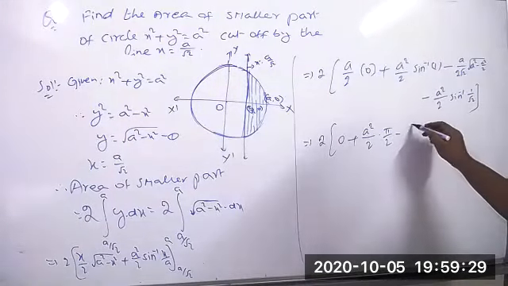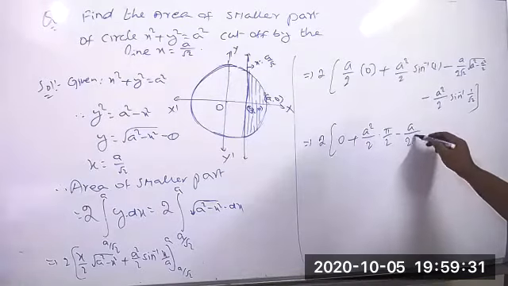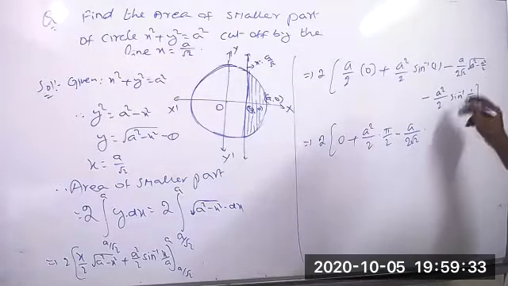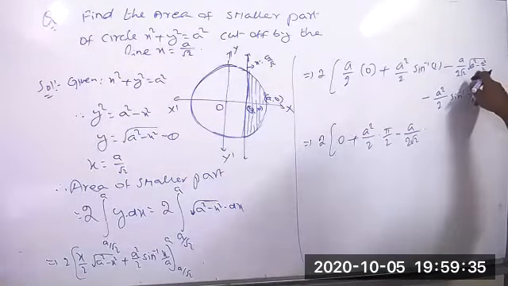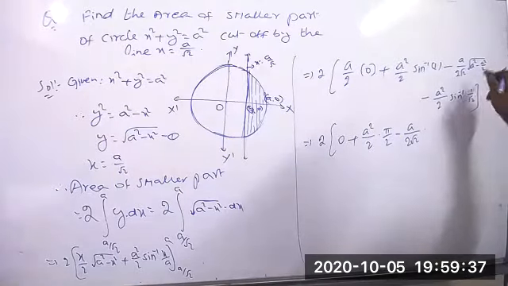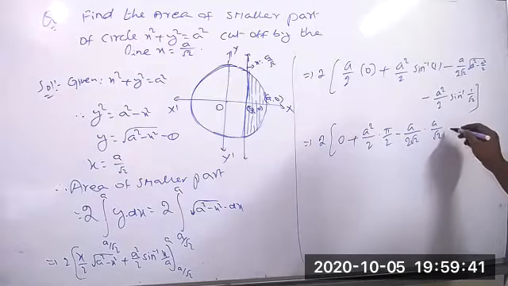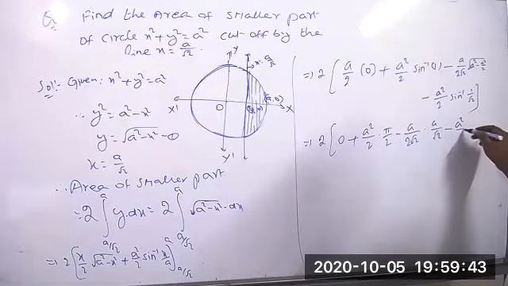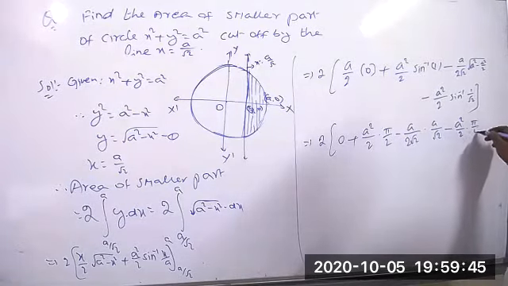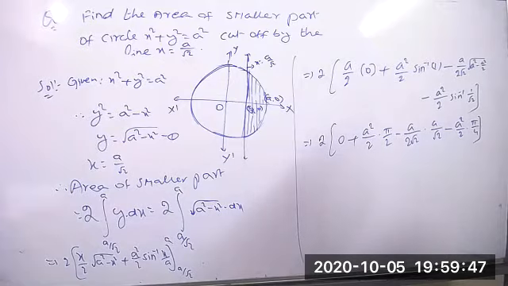minus a by 2 root 2 into, 2 is the LCM here now, 2a square minus a square equal to a square. So root of a square means you can write now a by root 2, minus a square by 2 into, this is clearly pi by 4, clearly pi by 4.